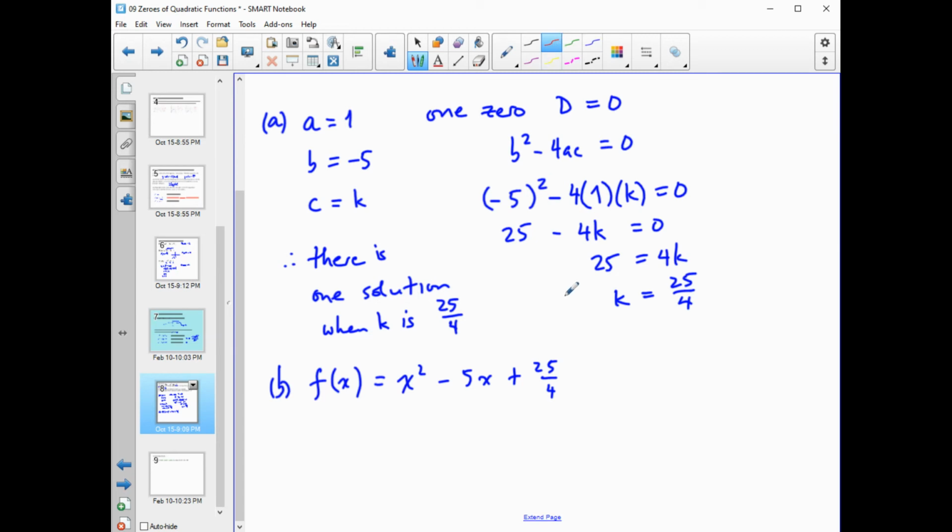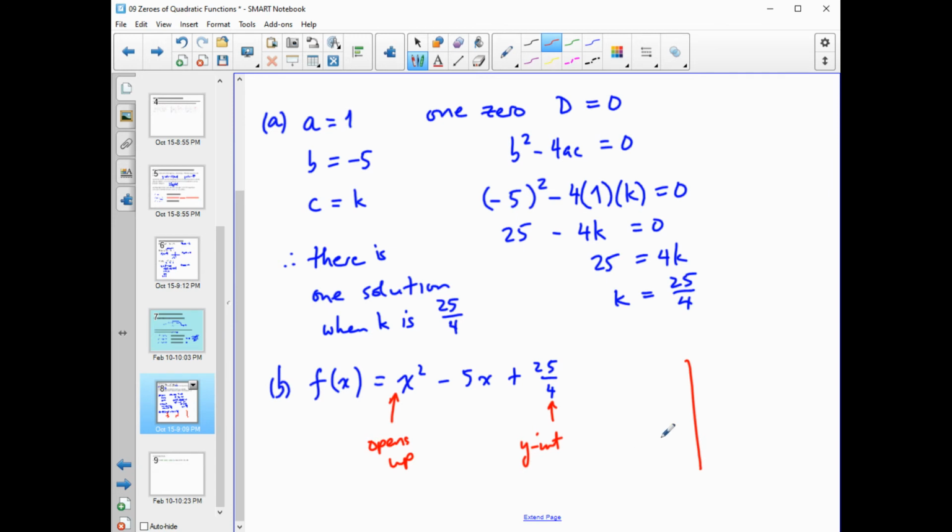And I'm not going to worry about too much as far as detail here. I'm just going to do a sketch, but I definitely need to know that this parabola opens up. And I know that this 25 over 4 represents the y-intercept of the parabola.